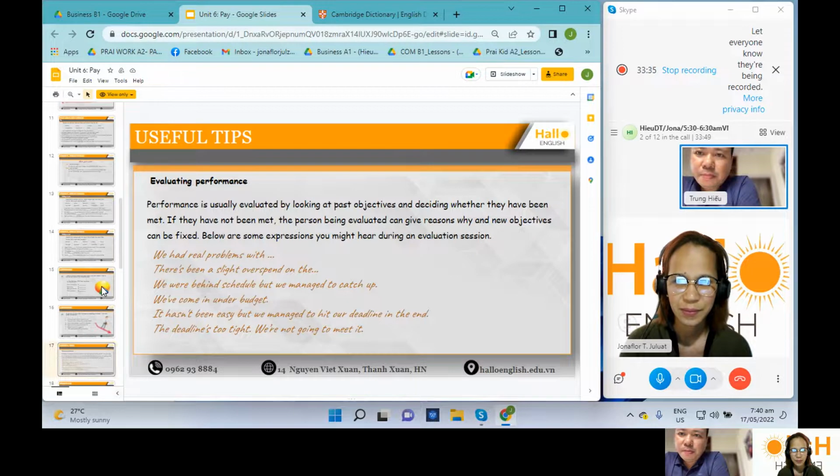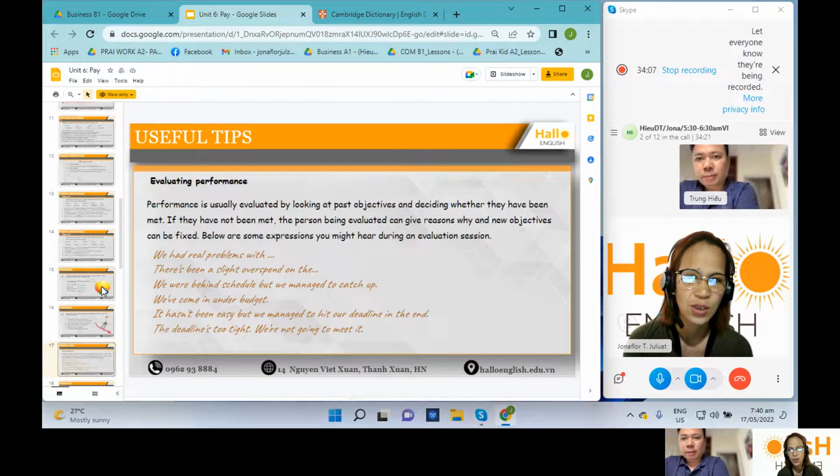If they have not been met, the person being evaluated can give reasons why, and new objectives can be fixed. Below are some expressions you might hear during an evaluation session. Can you read the expressions?